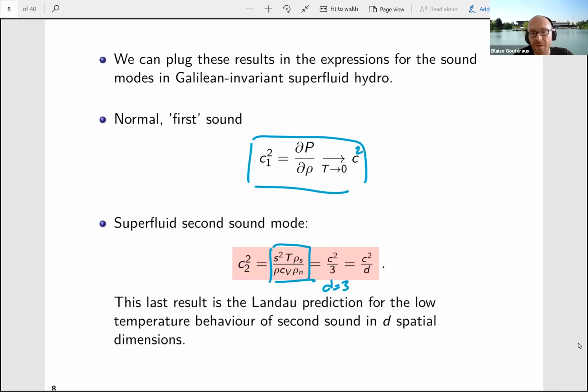But if you do this in an arbitrary number of spatial dimensions, you would find c squared over d. This last result is well known. It is a prediction that Landau made for the low temperature behavior of second sound. Again, I'm trying to give you some reference points of what you would typically read in a textbook on superfluidity.